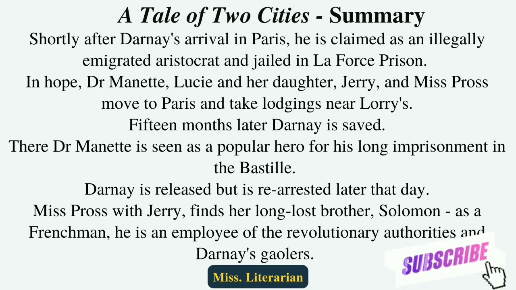Miss Pross, while on a walk to a shop with little Jerry, is amazed to see her long-lost brother, Solomon. Solomon poses as a Frenchman. He is an employee of the revolutionary authorities and he is one of Darnay's gaolers. Gaolers means people whose job is to guard prisoners.